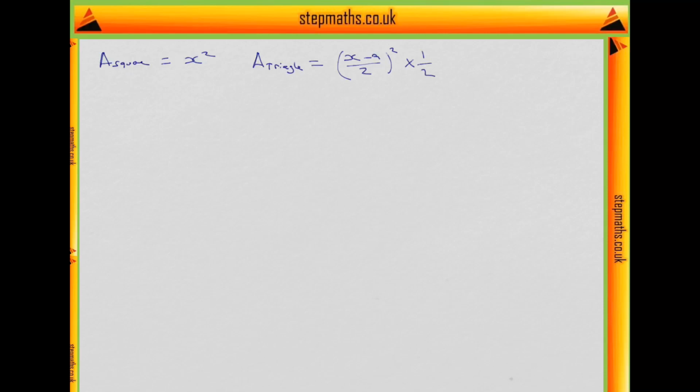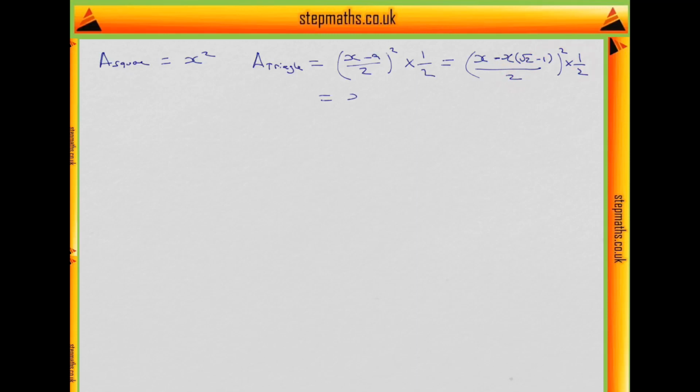Well, that's equal to, what's (x minus a) over 2? So that's (x minus x into (root 2 minus 1)) divided by 2, all squared, times 1/2. Well, the divided by 2, we're writing the 2 down, so it gets squared, times 1/2 gives us 1/8.